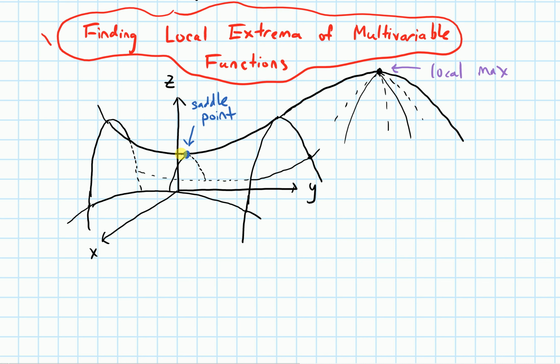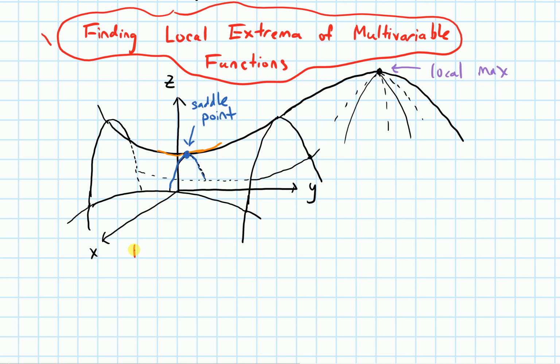It's not a local min or a local max, because if I were to go in the x direction, this way or that way, traveling along the back, I'd be going down. That makes the saddle seem like a high point. But if I were to travel in the y direction, this way or this way, the saddle seems to be a low point. So it's not a min, it's not a max. This is a saddle point.